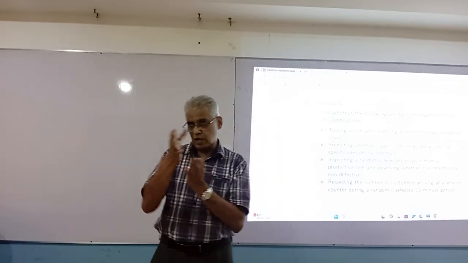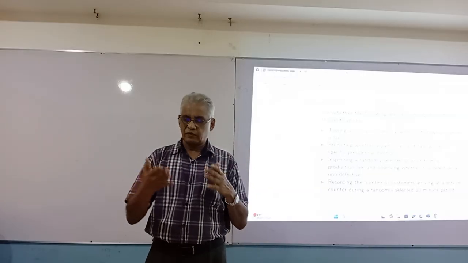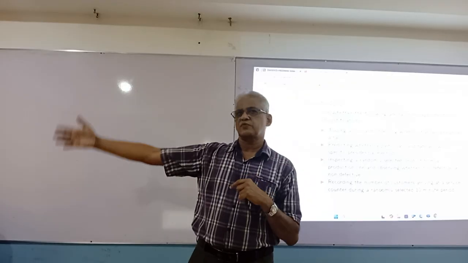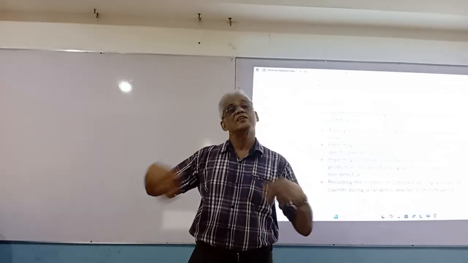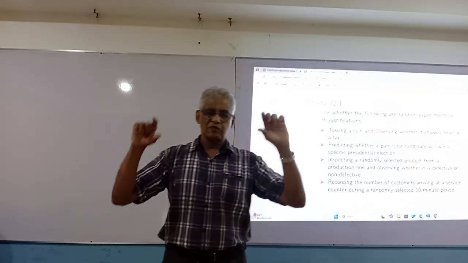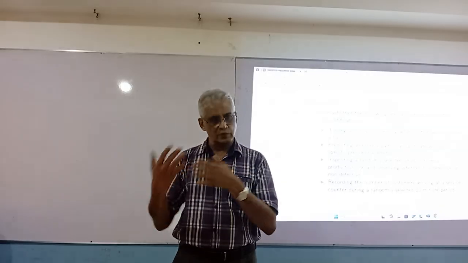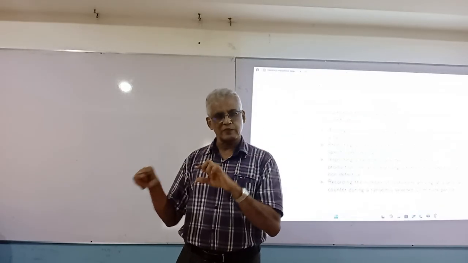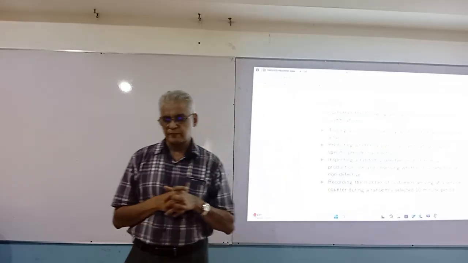For example, inspecting a product, you could observe something else, such as the color. That is a different experiment. Here we are recording whether it's defective or not, so the set of possible outcomes is defective, non-defective. But we don't know whether an item is going to be defective or not.